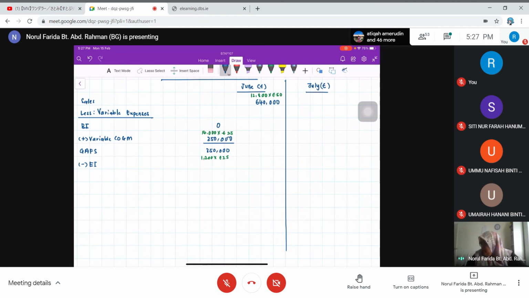Okay. 1,200 times 25, you get 30,000. Tolak lah. So 350 minus 30,000, you get 320,000. This is called as variable cost of goods sold.